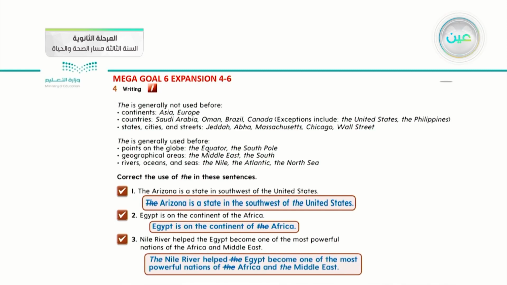Because the river is a geographical feature, we can use the article "the" with it. Helped, then I omit "the" before Egypt, become one of the most powerful nations of, then I omit "the" before Africa because it is a continent, and the Middle East.